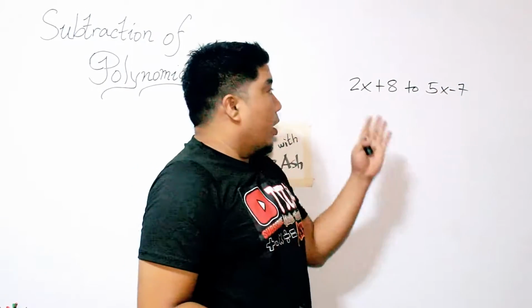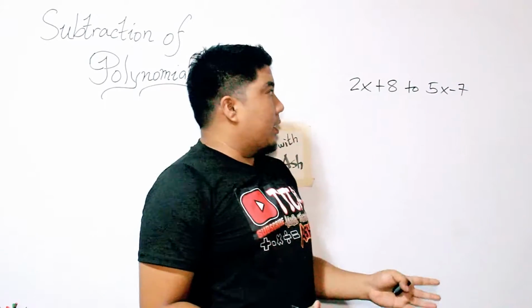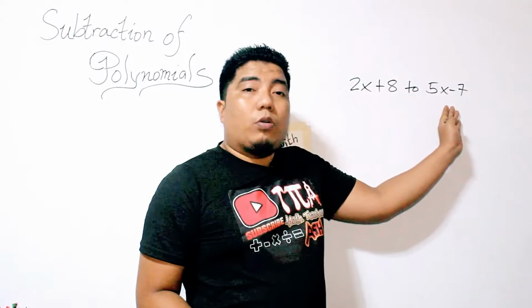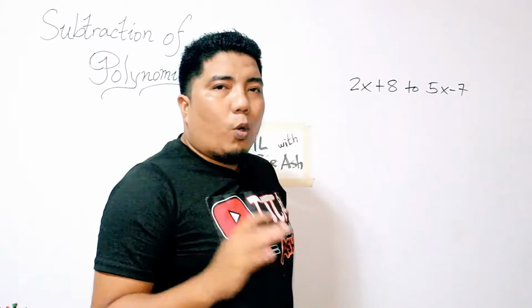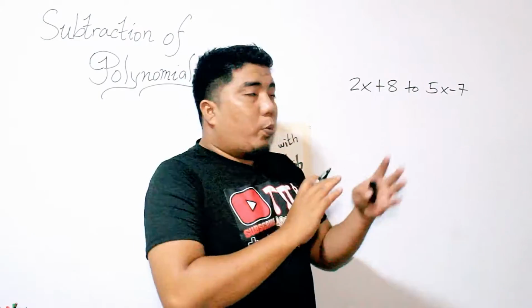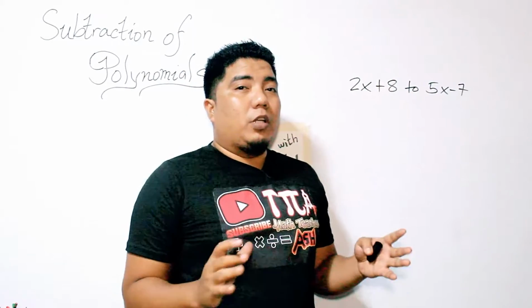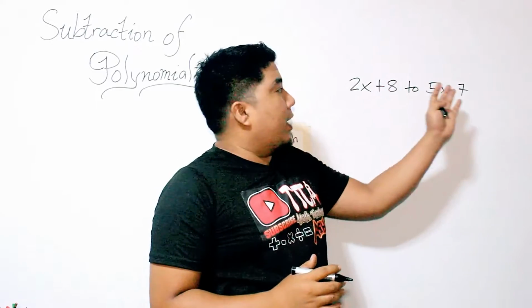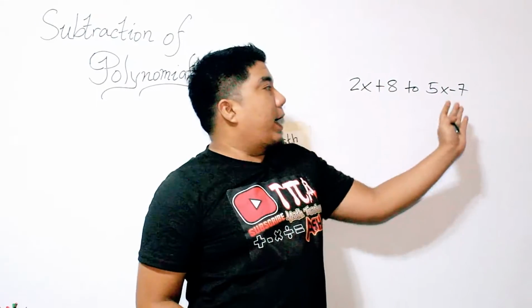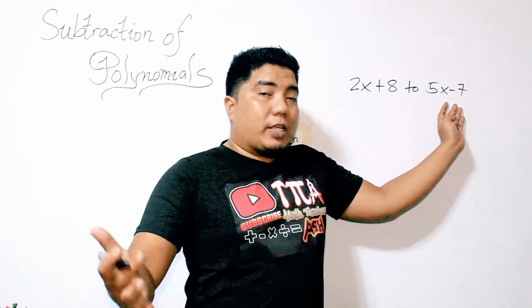Knowing that these are your two binomials and this is subtraction, you can already determine which part of the subtraction is the 2x plus 8 and the 5x minus 7. The 2x plus 8 will become your minuend and the 5x minus 7 will become your subtrahend.